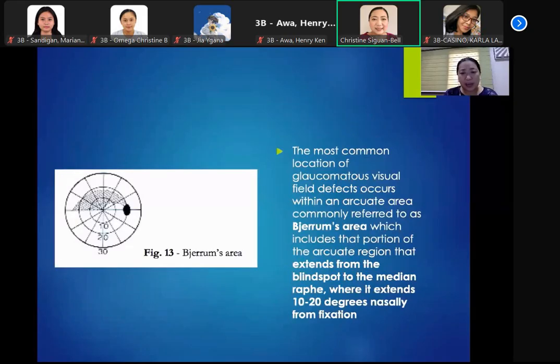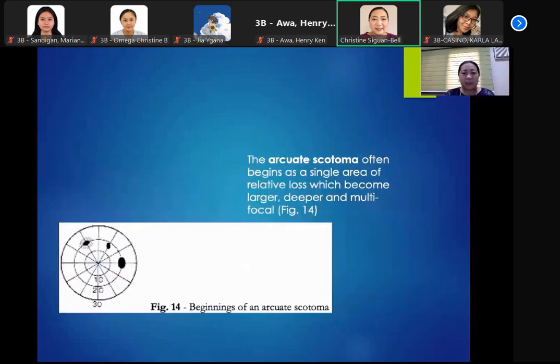This is the Bjerrum area. It is the most common location of a glaucomatous field defect. It usually occurs in an arcuate area. It includes that arcuate region and extends from the blind spot to the median raphe, where it extends 10 to 20 degrees nasally from fixation.